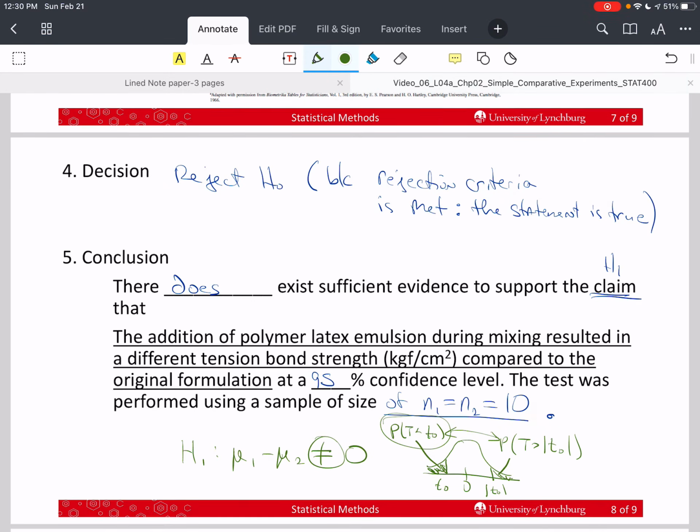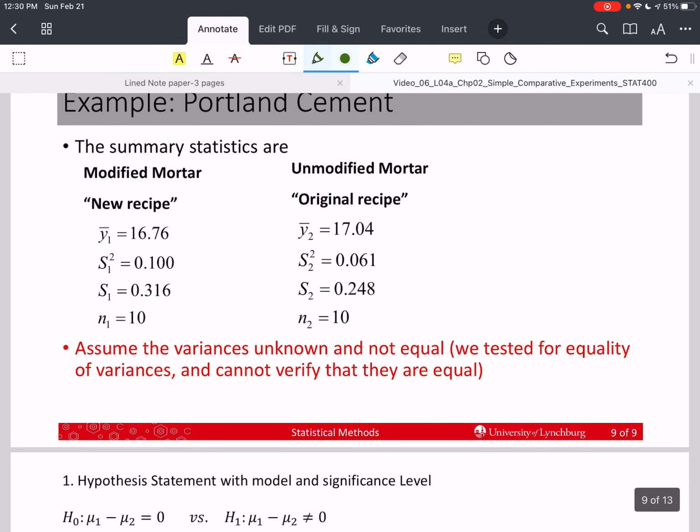Okay. Now, let's change the assumptions. Let's go back and say that the variances are unknown, but we cannot assume that they are equal. In other words, we tested for the equality of variances, and it didn't pass the criteria that we needed to say that they are equal. Okay. So we're going to change the assumptions here.